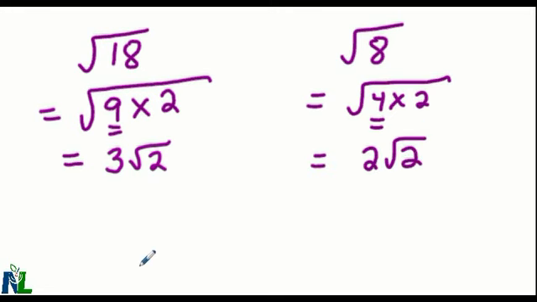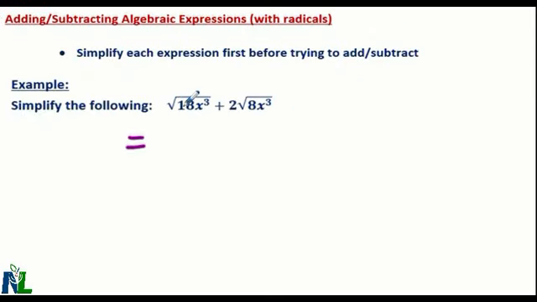So let's go back and replace those radicals with the mixed radicals we have here now. When I look at 18, I'm going to replace that with 3 square root 2. Now, underneath my square root sign, I still have x to the power of 3. Because it's an odd exponent, I am going to rewrite it as x to the power 2 with an x left over.